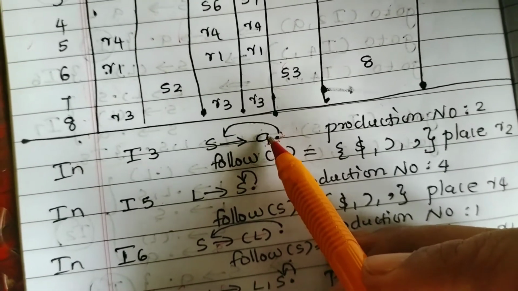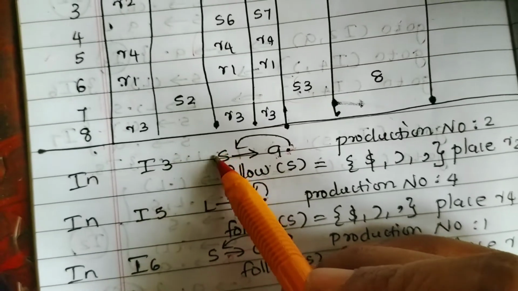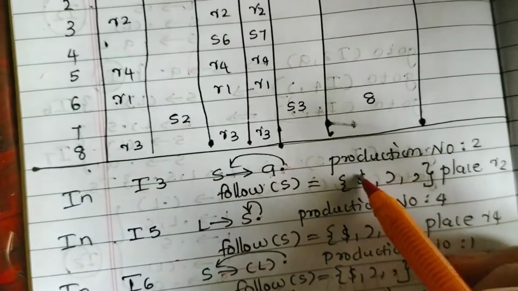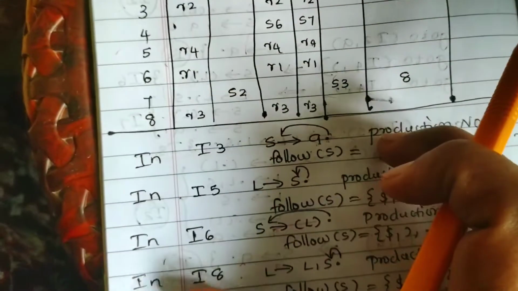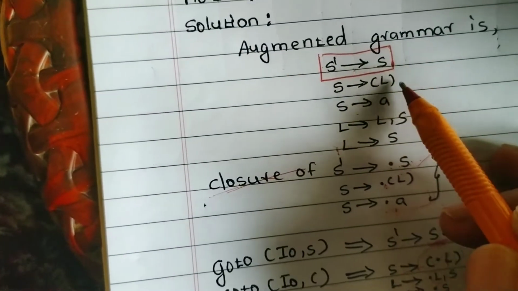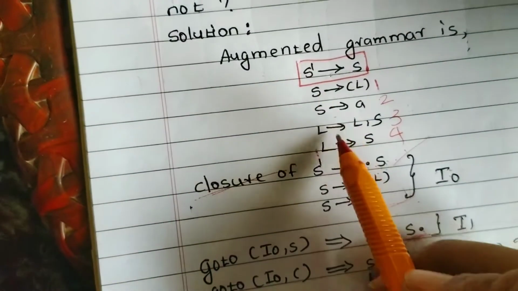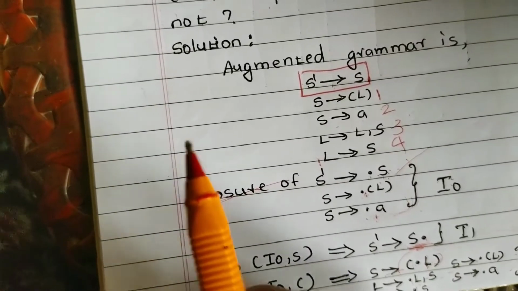If it is a terminal symbol, directly you consider the left hand side and find the follow of that. Then we have to check the production number also. For checking the production number, we will not consider the augmentation. Starting from 1, 2, 3, 4, like this you will consider the production number. We will not consider the augmented grammar for it.